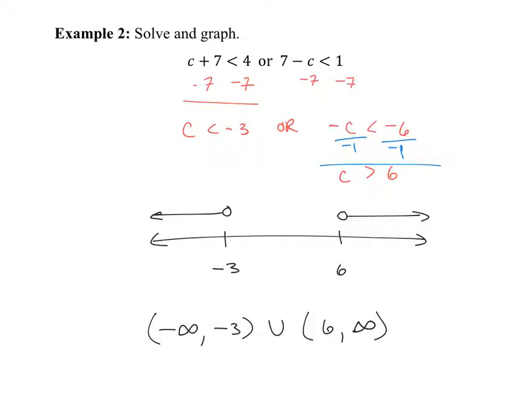What would I say? What's the word? The word for it. It means something totally different in the world of pop culture. Exclusively? So I could say that the solution is from negative infinity to negative 3, or 6 to infinity exclusively, meaning excluding the endpoints.